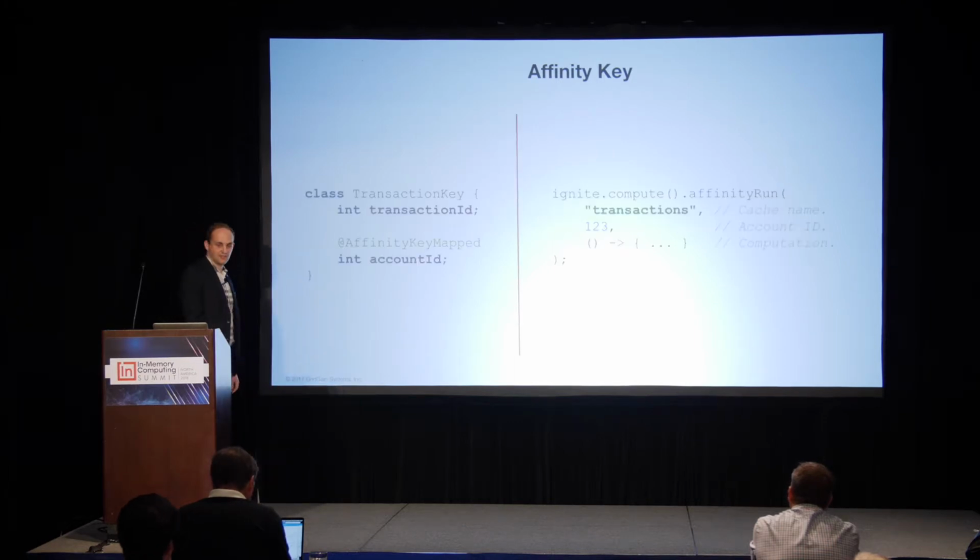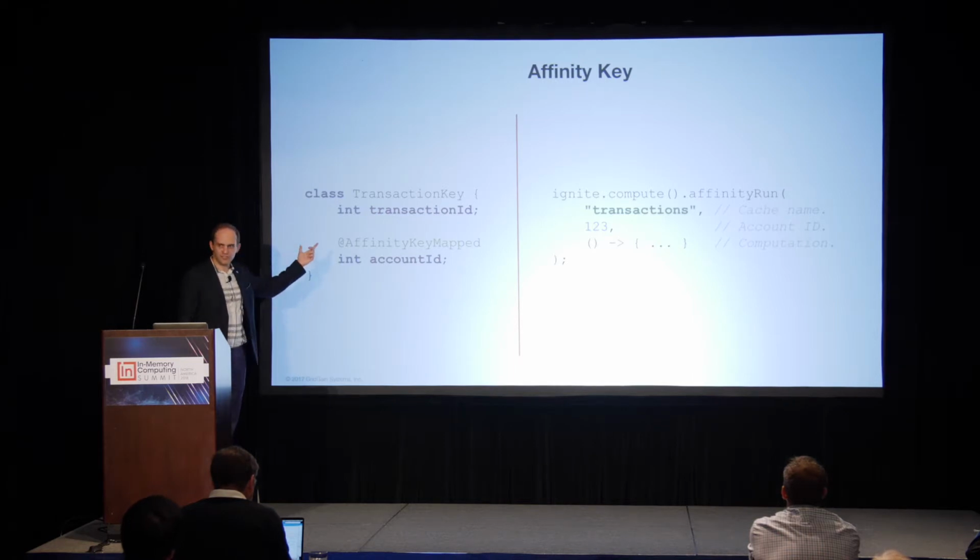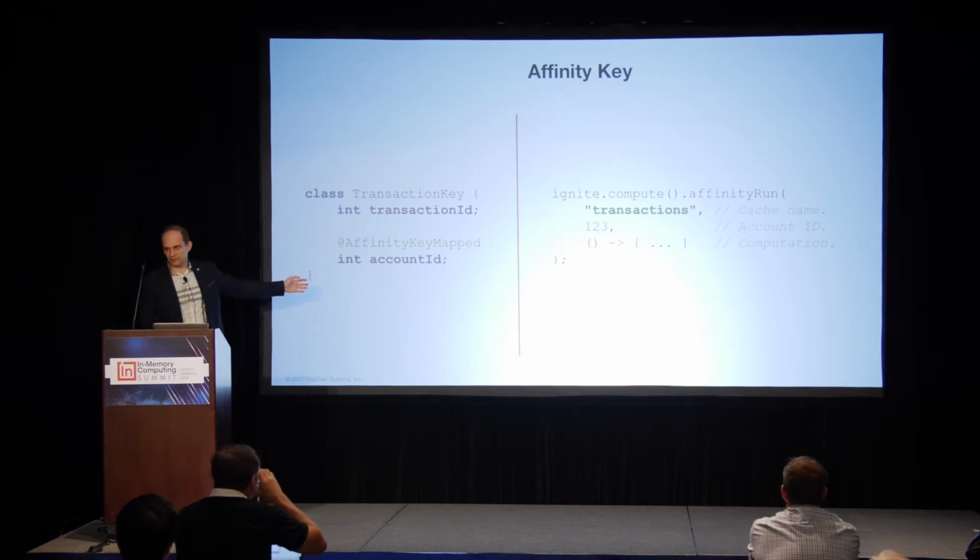So that's how it looks in code. Basically, what we need to do here is create a transaction key class with two fields. The first field would be an actual transaction ID, which is our unique identifier of every transaction. And then we have the account ID here as well.